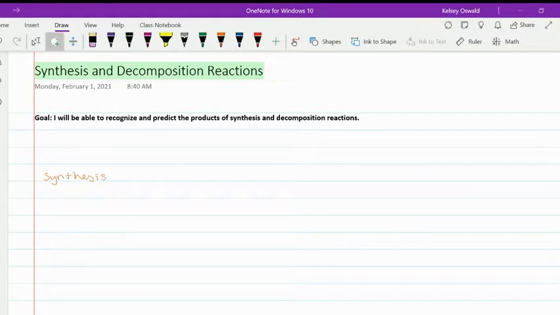So we discussed yesterday that synthesis is kind of synonymous to making something, okay? So to recognize a synthesis reaction, we are going to see two elements as our reactants.